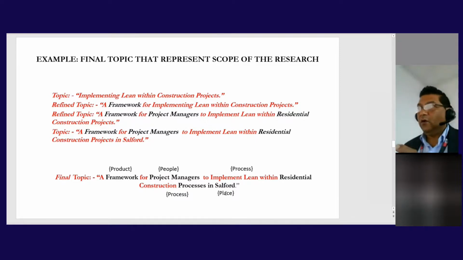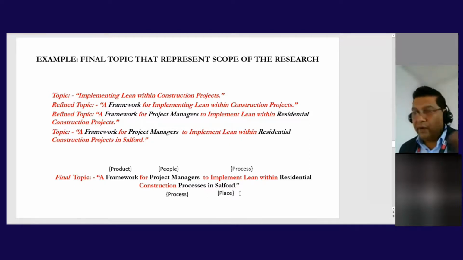So you will learn all that, but make sure when you are doing that, on one page, write impact and all the things you can think of in impact. All the things you can think of in limitation, write them on limitation as well. Otherwise, you will forget later on when you are thinking about this final topic. Now you have the final topic, which talks about product, people, process, and place.